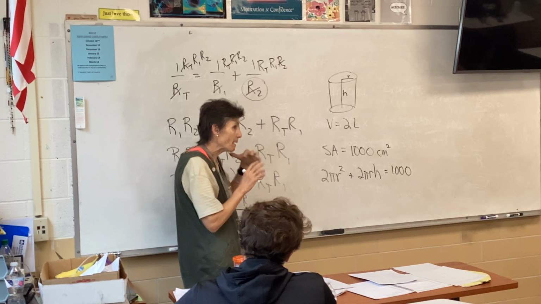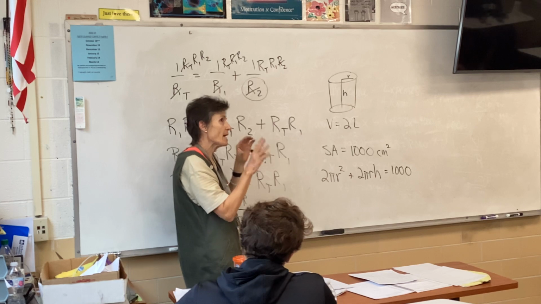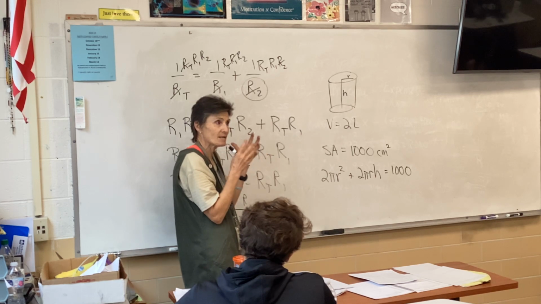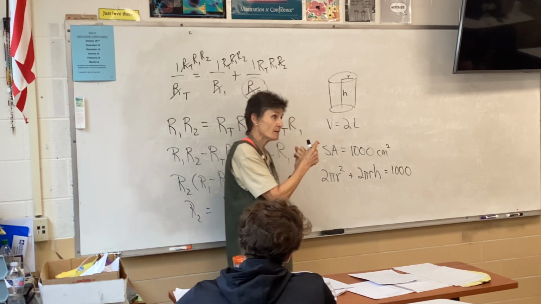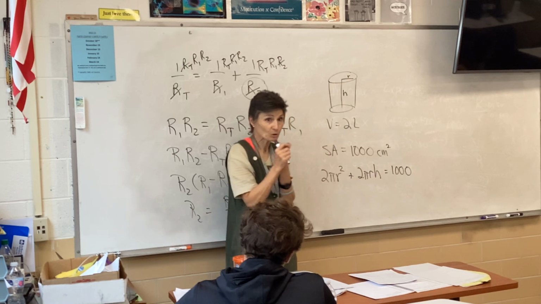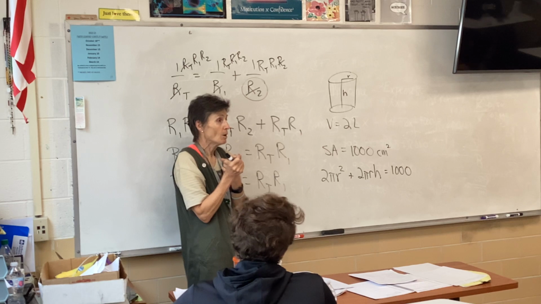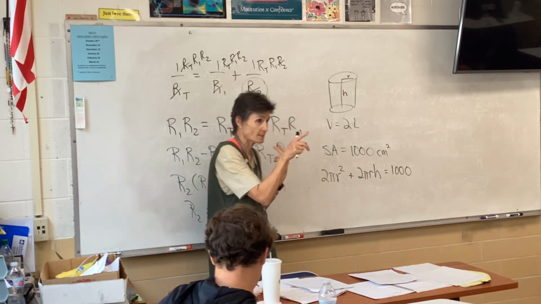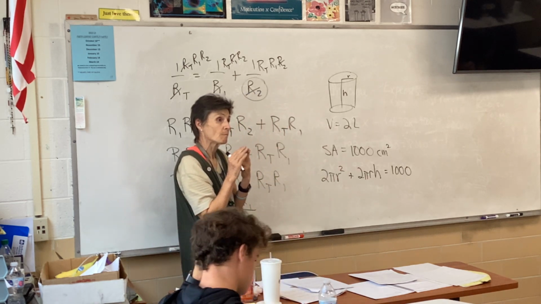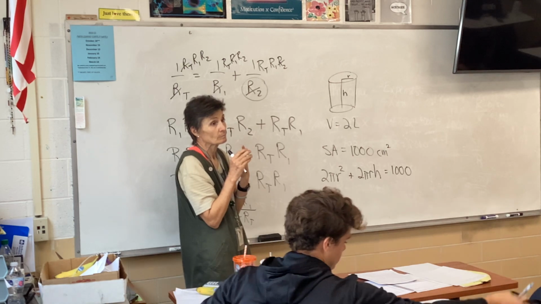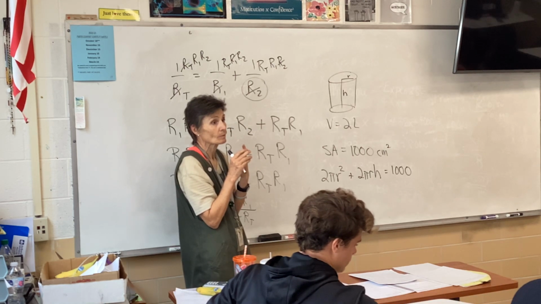So now I'm gonna look in my problem. Is there anywhere else I can get some additional information? Either another equation, because if I have 2 equations and 2 unknowns, I can use substitution or elimination. Or is there just extra information somewhere? Wouldn't you make an equation for the volume? I can.